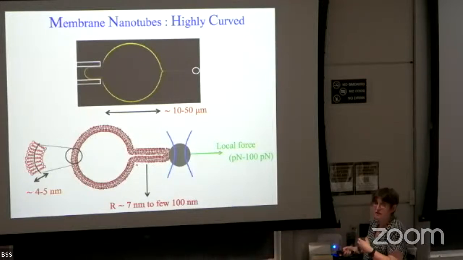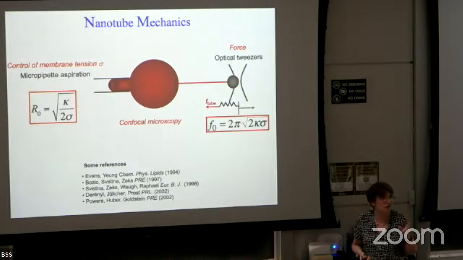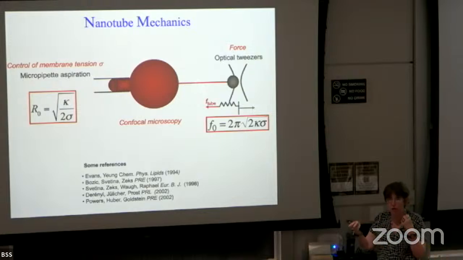And how can we change the diameter? So, Marcus, I know you have to calculate that if you want. It's not difficult. From the bending energy of the membrane, you can calculate the radius and the force which is required. And you can see that the radius of this tube results, in fact, from a compromise between the bending energy, which is required to form the tube, and the tension of the membrane, right?